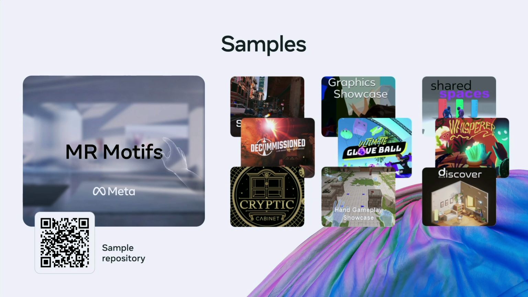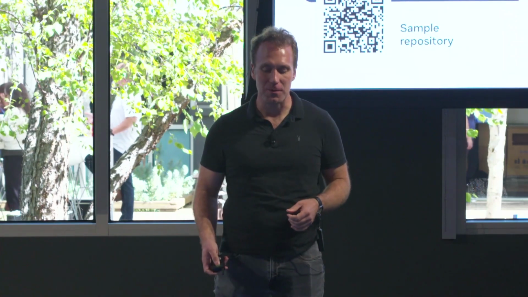We also have more focused samples. And recently we've added MR Motifs, which will show you how to solve some of the more human-computer interaction problems associated with the new technology. So for example, how would I do transitions in pass-through? We have some cool things where you can map out the UV space of the global mesh, and do fades and different kinds of filmic transitions between VR and pass-through, for example.